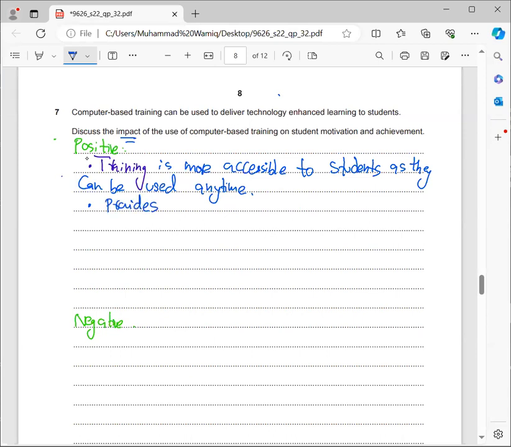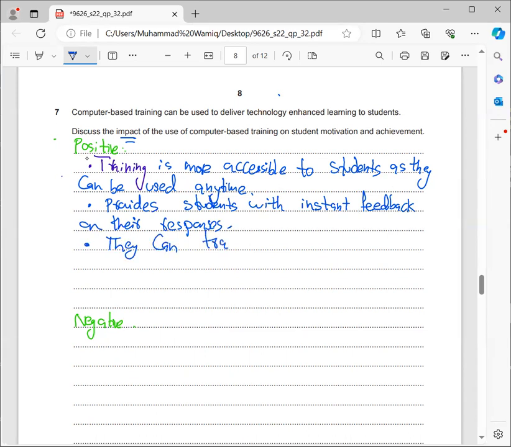Second point can be that it provides students with instant feedback on their responses or their answers. Third point can be they can track their progress more accurately.